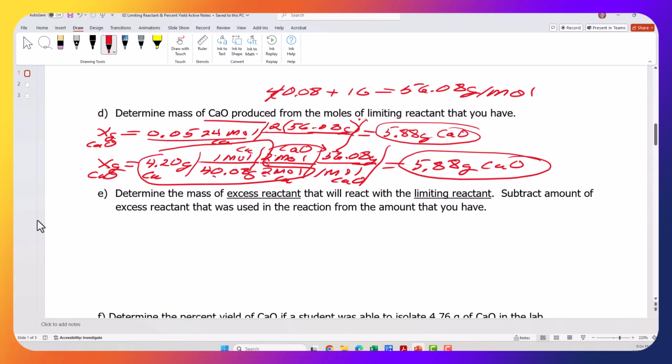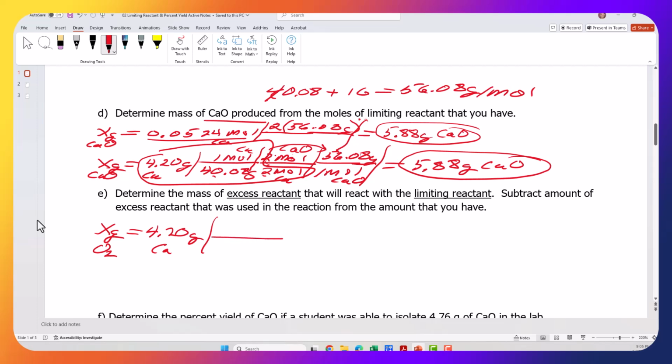All right, determine the mass of the excess reactant that will react with the limiting reactant. Okay, so here we go. In this case, we're just going to figure out how many grams of O2 we're going to use up. Okay, and we still use our limiting reactant, 4.20 grams. This is calcium.